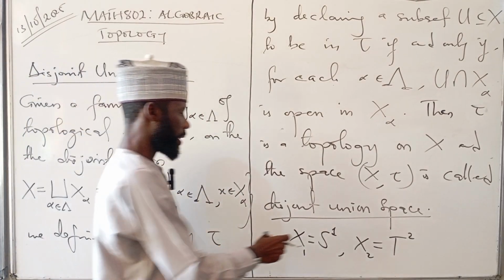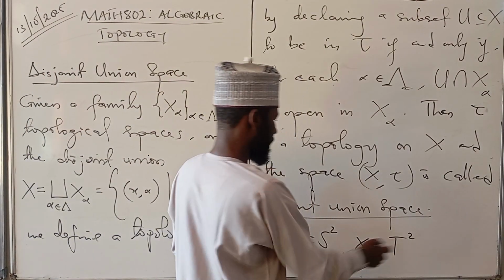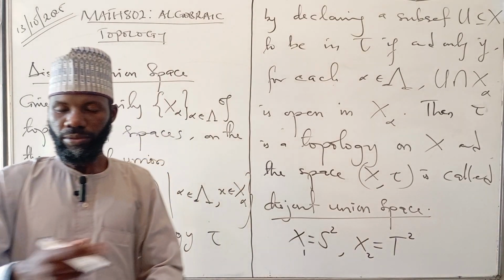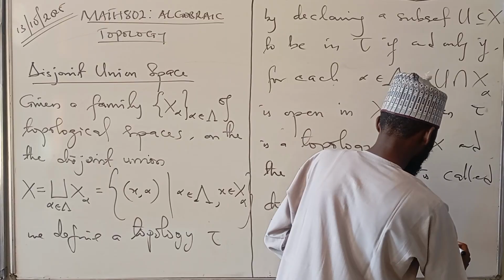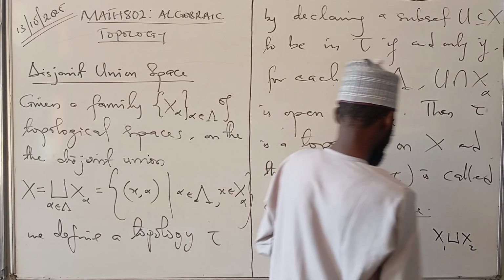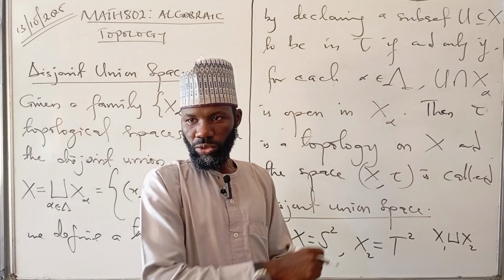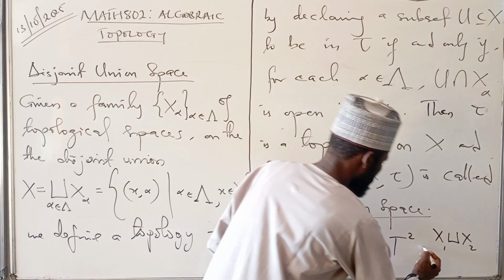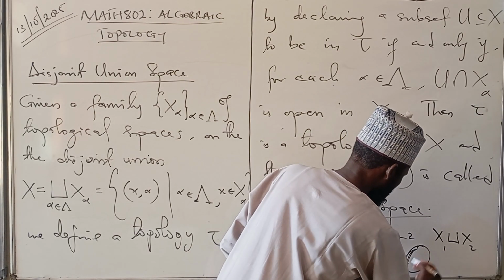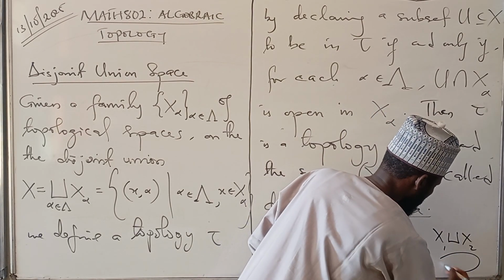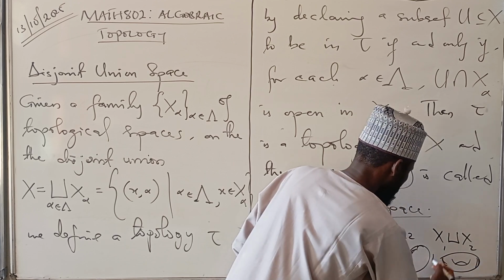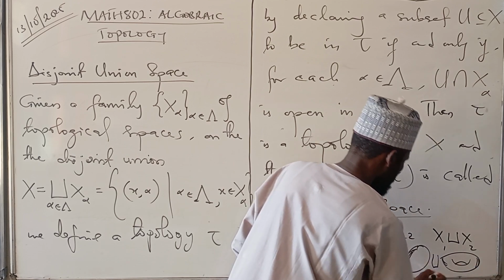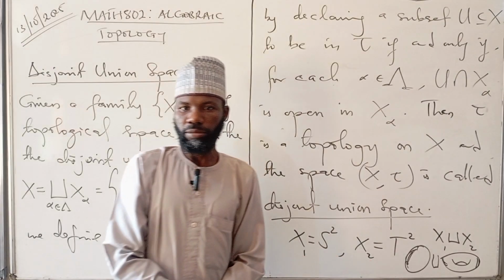Or you can think of a sphere and a torus. I hope it's okay. So on the disjoint union, it is now the sphere and the torus. So you think of having a sphere, and then you have your torus. So you have the union now. So you have the two spaces side by side.